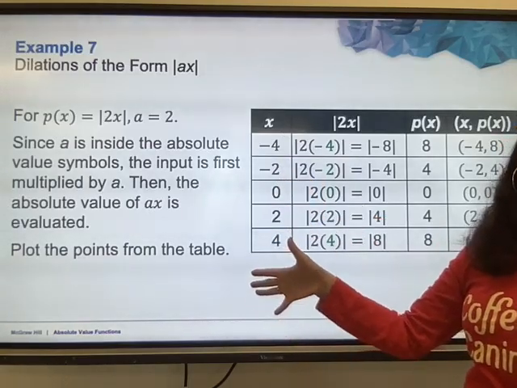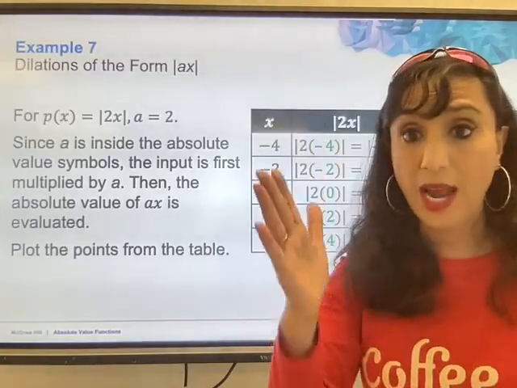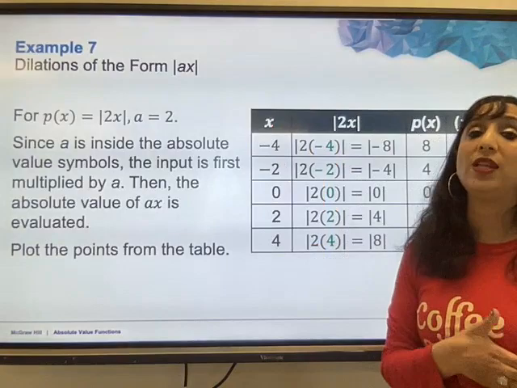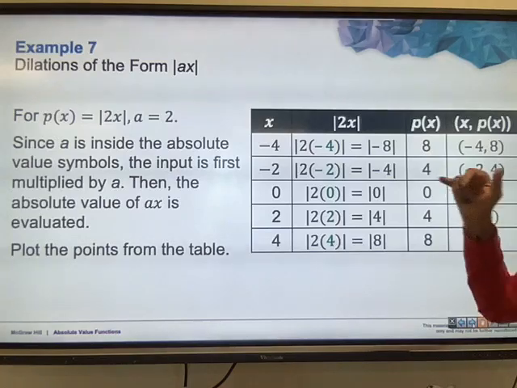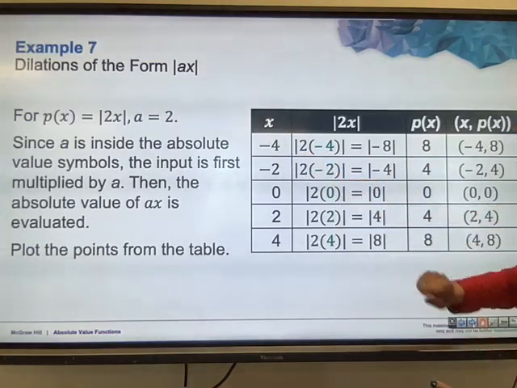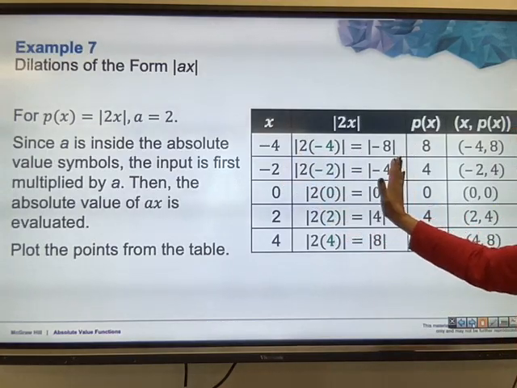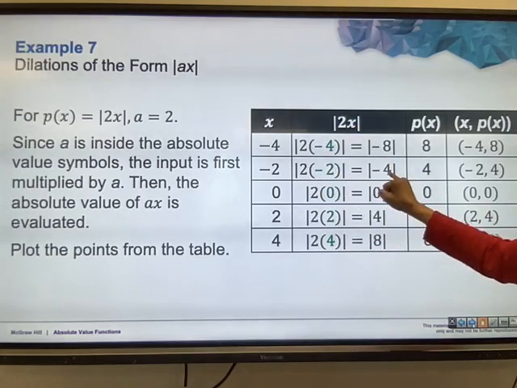And now we are going to first do what's within the absolute value symbol. So we are multiplying the 2 with each of those numbers inside first. So we have 2 times -4, that gives me -8. This is all with absolute value. Okay, 2 times -2 gives me -4.